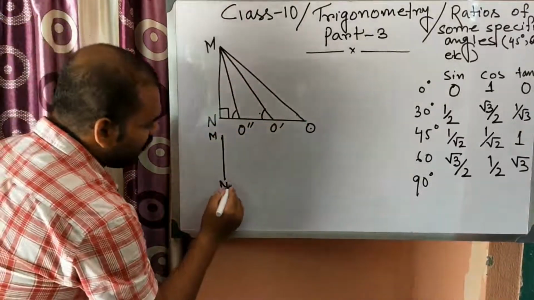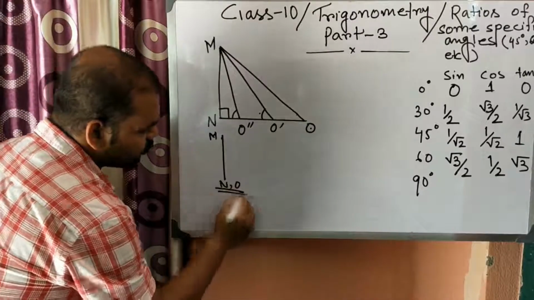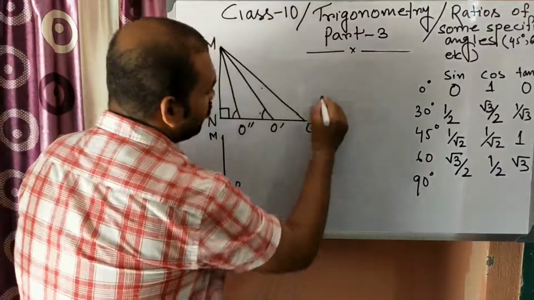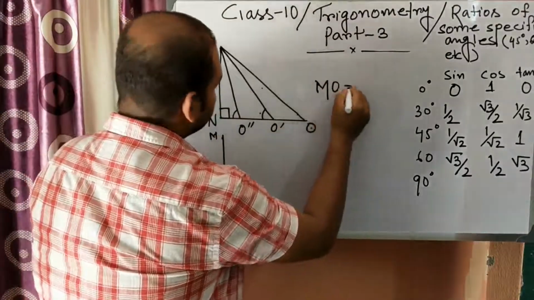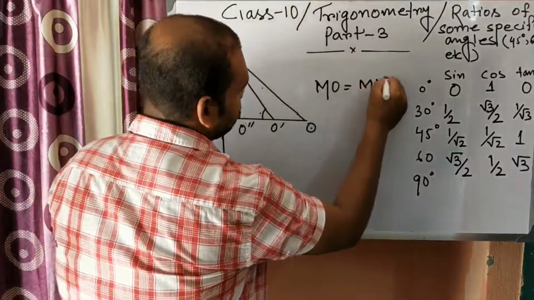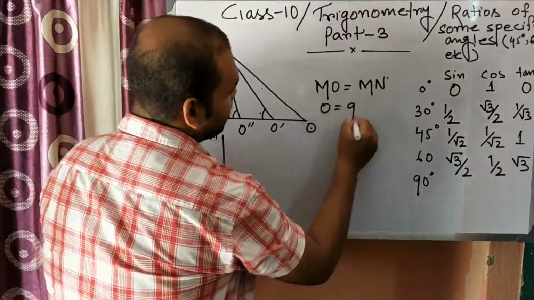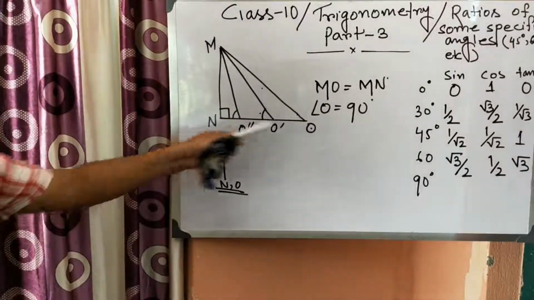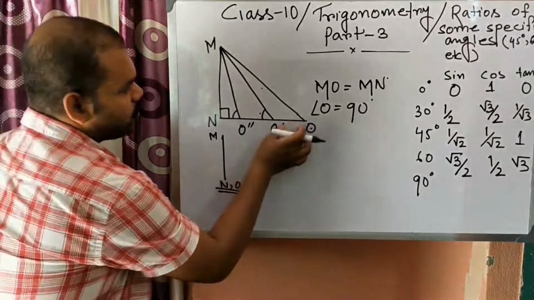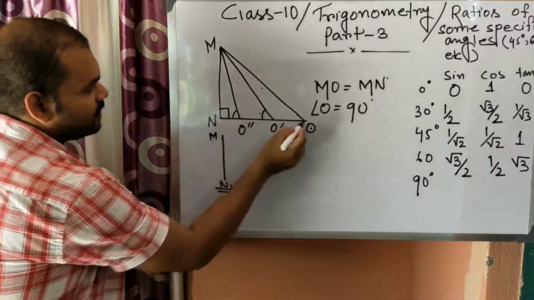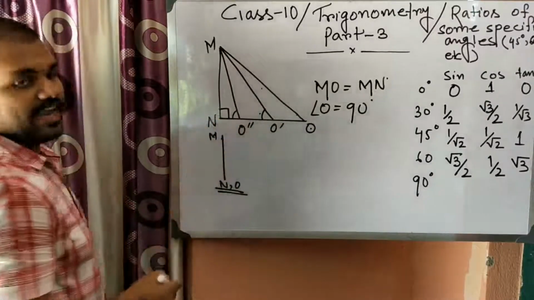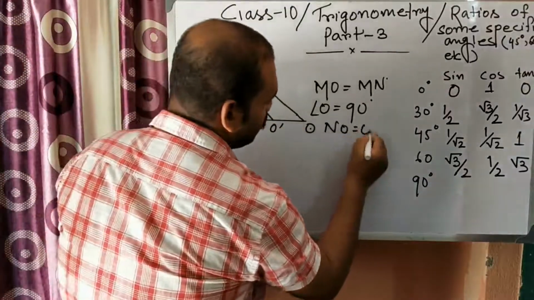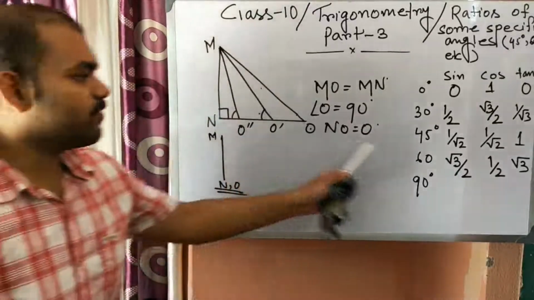So the hypotenuse MO is equal to MN when angle O is equal to 90 degree, and the base will diminish, becoming shorter. When this O point is at N point, there is no value of NO, so NO becomes 0. So the length of NO is 0.